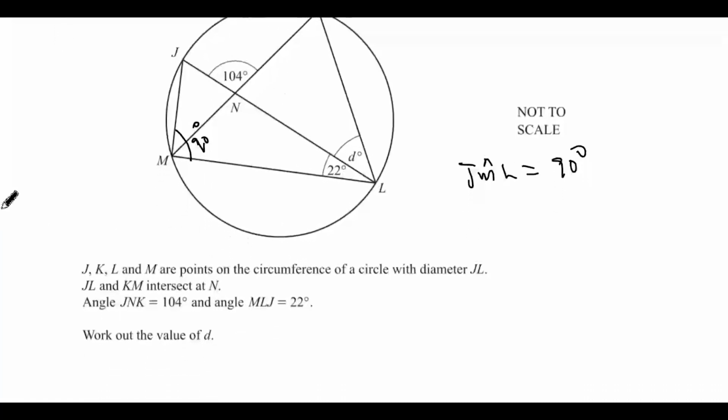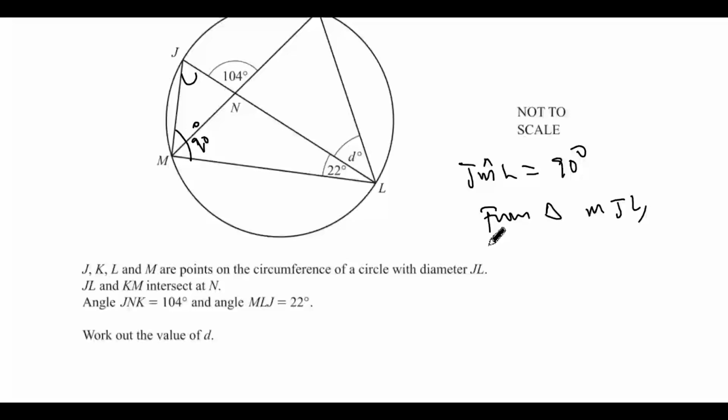Then we can start from triangle MJL. We want to find this angle. We know that this is already 90 degrees, so this angle and this angle are complementary angles, that is, they add up to 90 degrees.